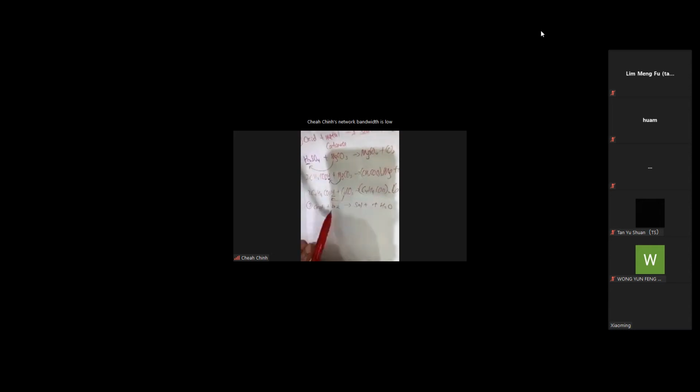Acid reacts with base, forms salt and water. For base, we got 2: one is metal oxide, another one is metal hydroxide. So base is a metal oxide or metal hydroxide.